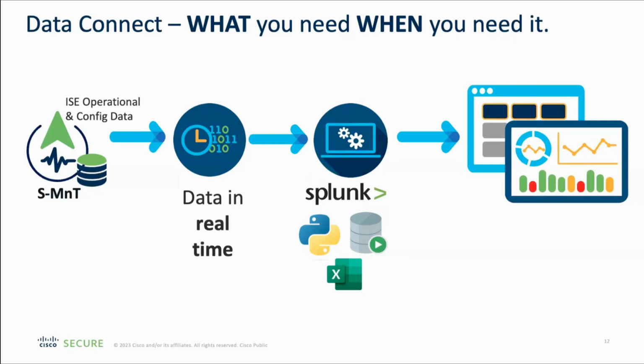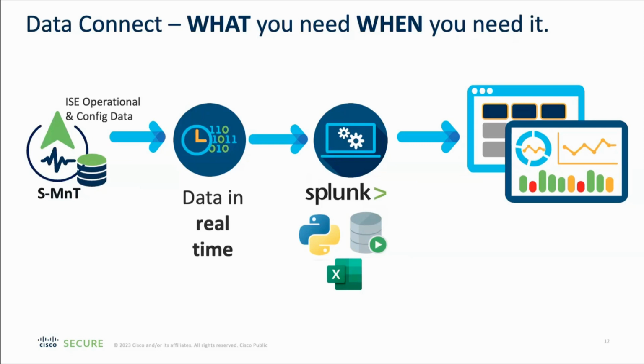Okay, there's one point that I want to highlight in this slide, and this is related to the secondary MnT. You may think, why are we using the secondary MnT and not the primary? The reason is that we are just leveraging the resources of the secondary MnT, and this won't impact the ICE production environment.